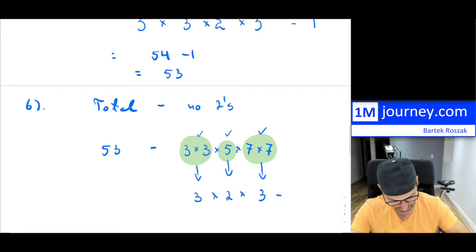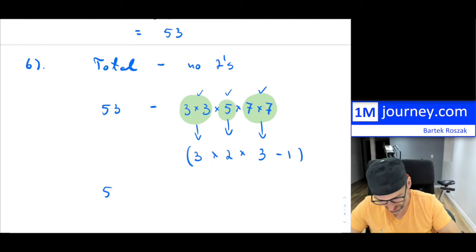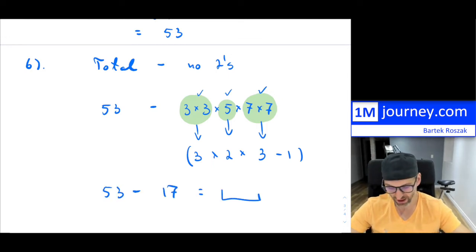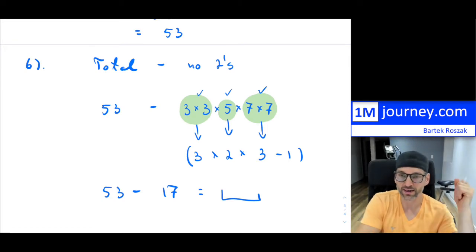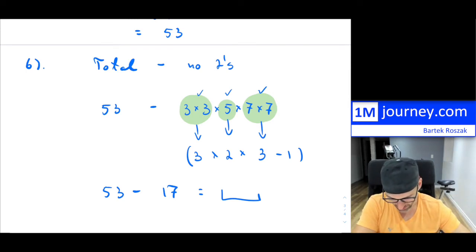And then of course I'm going to subtract 1 for the empty one. So 3 times 2 is 6, times 3 is 18. 18 minus 1 is 17, so this is going to be 53 minus 17. Then we can get our answer for how many even divisors we would have. So I guess that's 10, so 43 minus, so what is that?